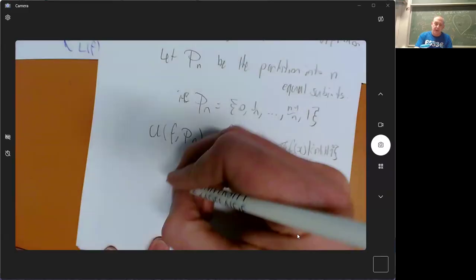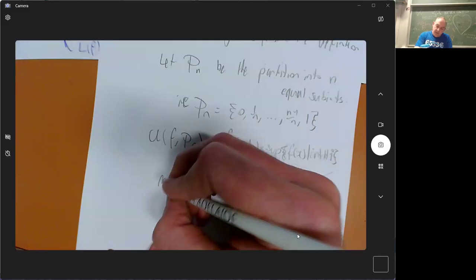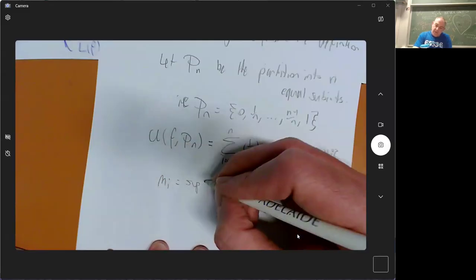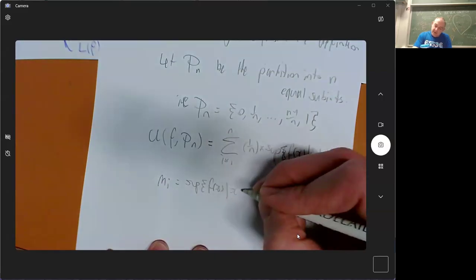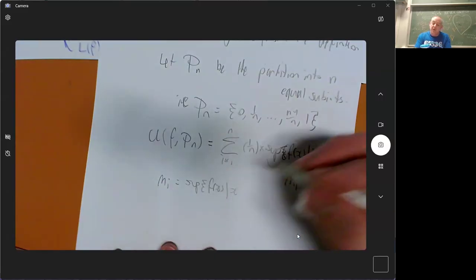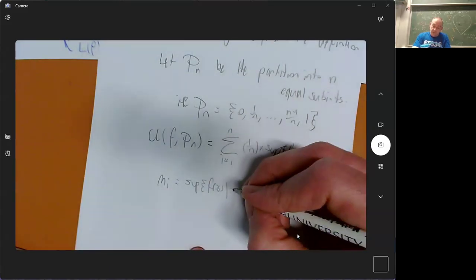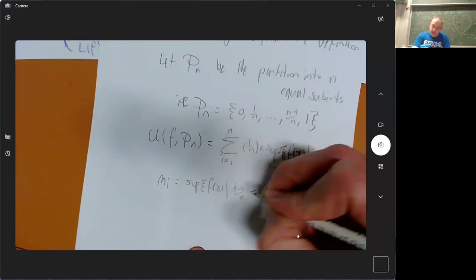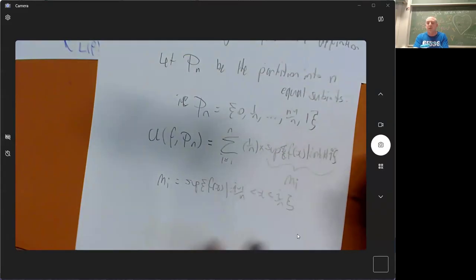So capital M i is the supremum of f of x, where x is between i minus 1 on n and i on n, because that's what interval number i is.